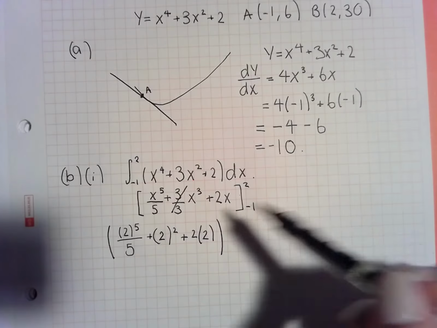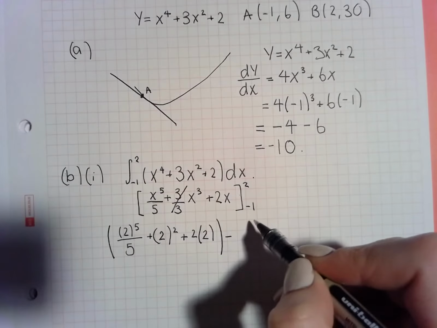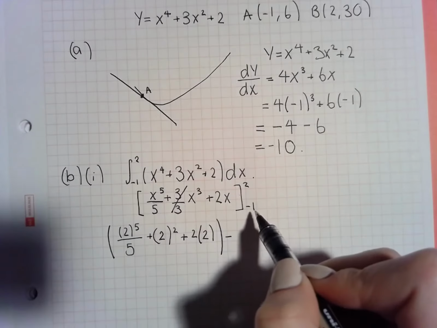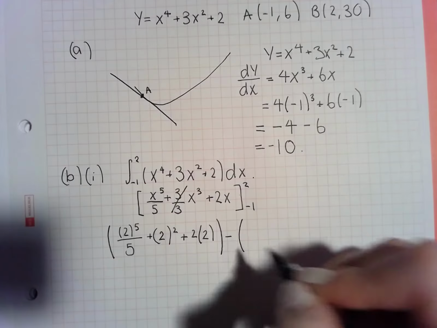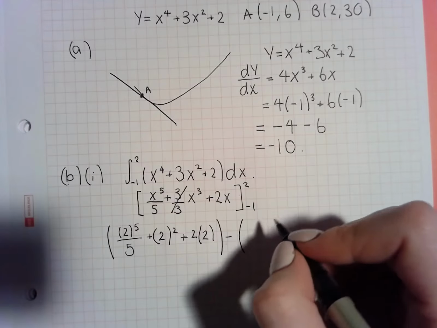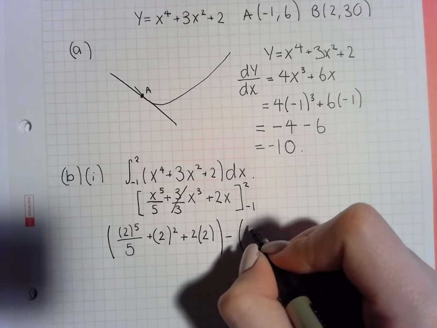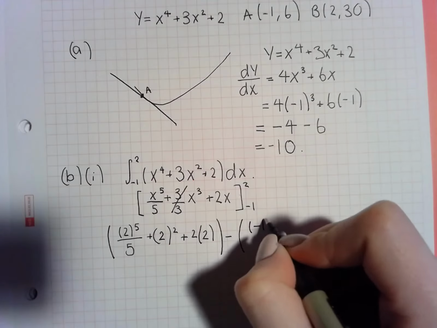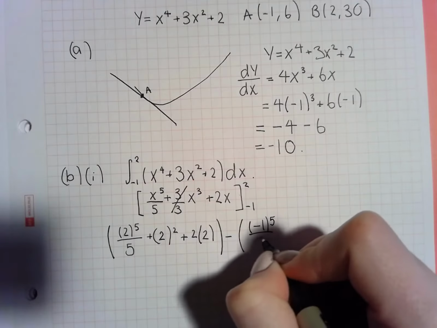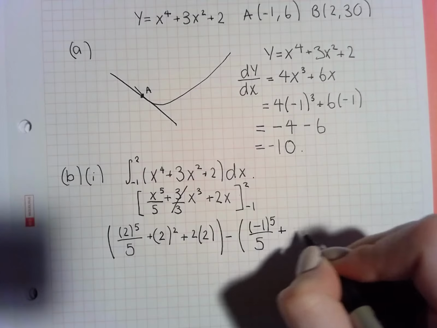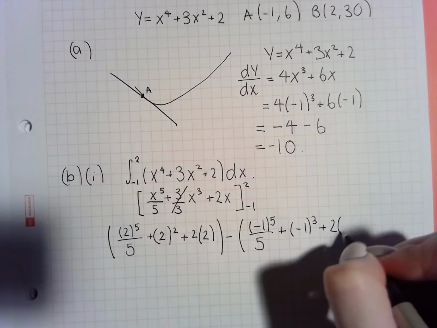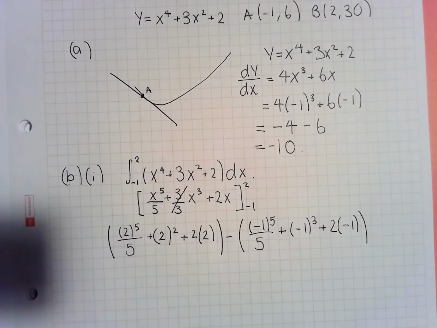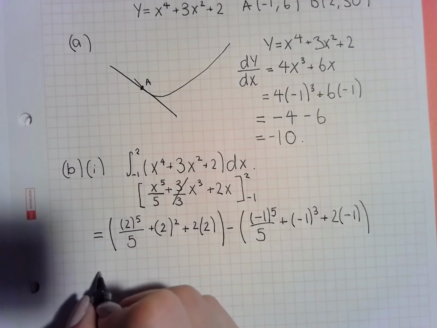And then we're going to minus all of this with the bottom limit applied. Okay, so subbed in. So we have minus 1 to the power of 5 divided by 5 plus minus 1 cubed plus 2 times minus 1. Right? So, what does this equal?